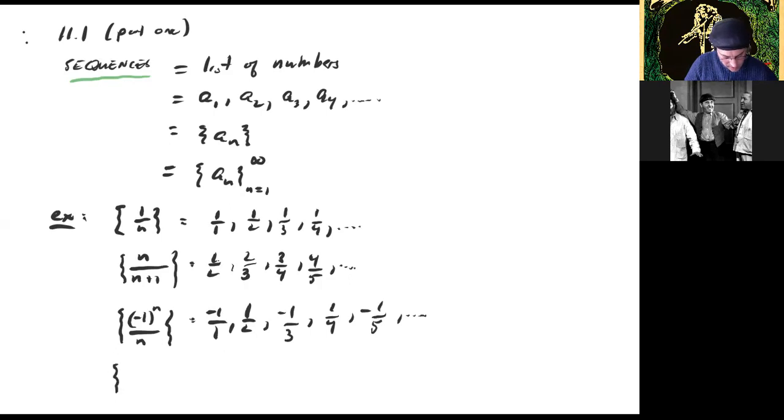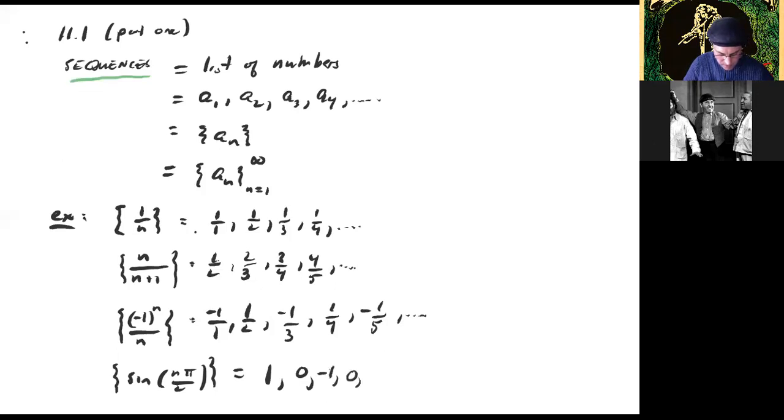Let's try sine of n pi over 2. Well, this is just the sequence. When n is equal to 1, you get sine pi over 2, so you get 1. When n equals 2, you get sine of pi, which is 0. When n is 3, you get sine of 3 pi over 2, which is minus 1.